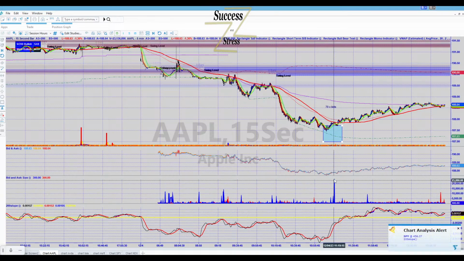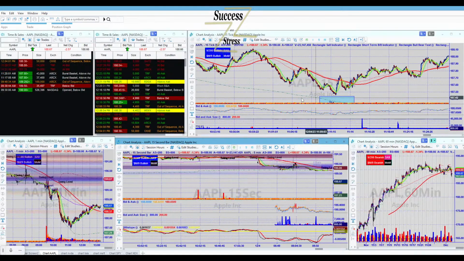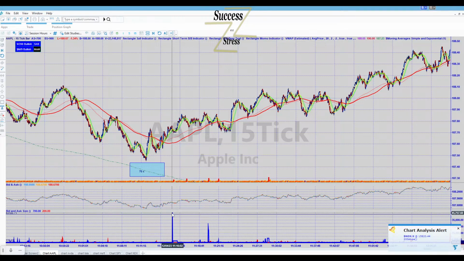The only thing about that, if you look at the 15-second time frame and look all the way over to the right, where we have our value, it looks like that number is around 25,000 at the max, which if you go to the tick time frame, you can see is actually closer to around 50,000.